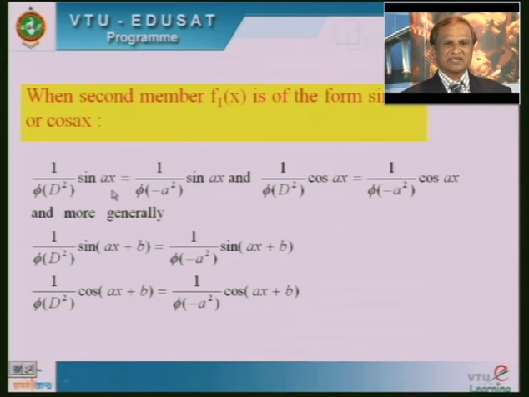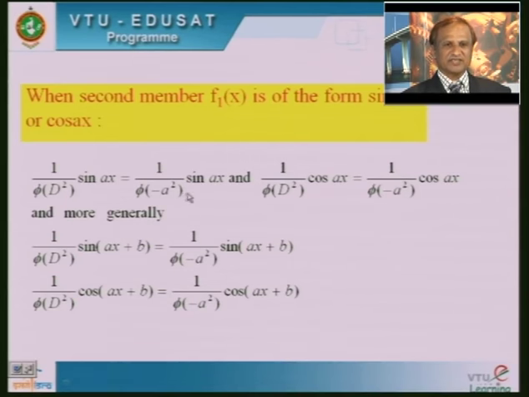Because the method says that we want to replace D square by minus times of a square. Wherever D square is there, we simply have to replace D square by minus times of a square, with sin ax as it is. Remember, it is not minus a whole square. Both are not equal.